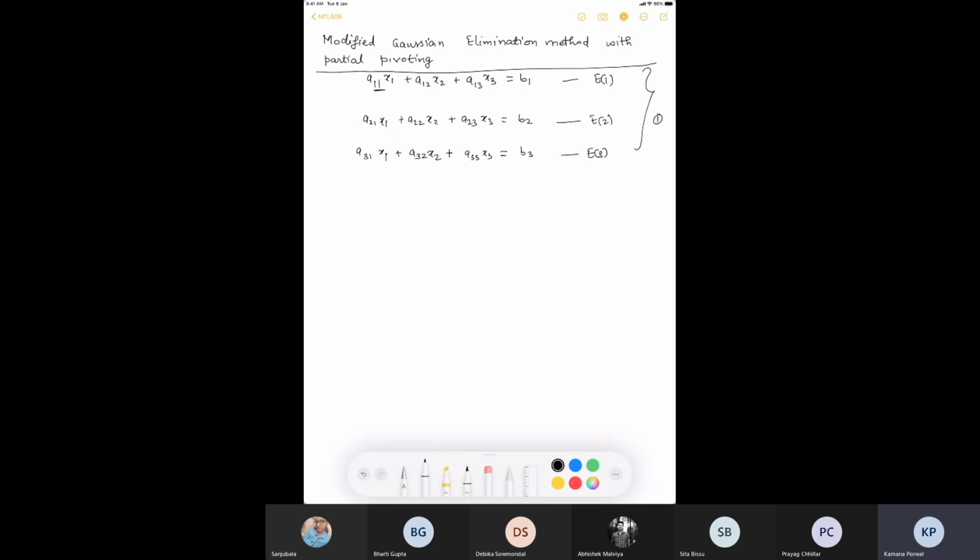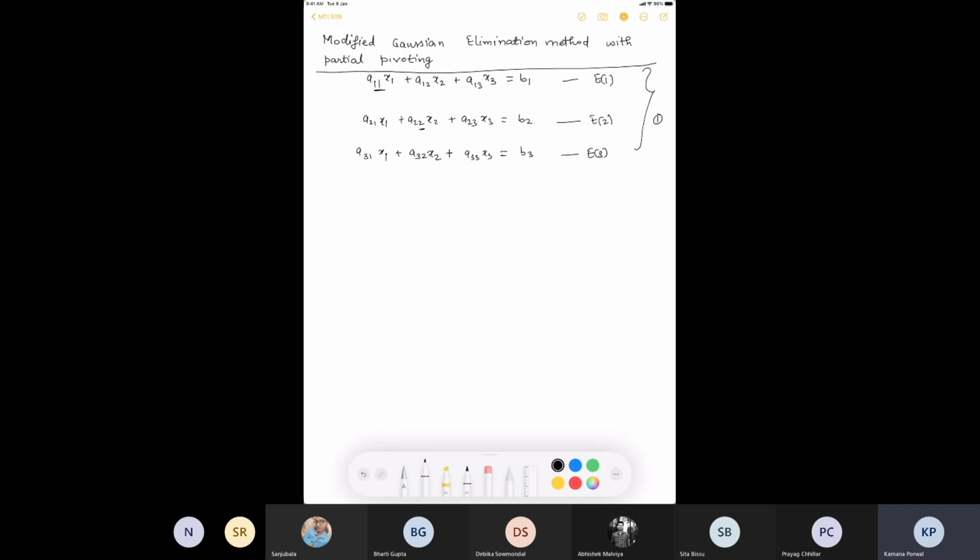So we want to avoid that this is 0. Likewise, after the first step, in step 2, you will have some different coefficient of x2, and you will be dividing by this coefficient. So you don't want that to be 0. That's why we are keeping these assumptions that these coefficients are non-zero, right?